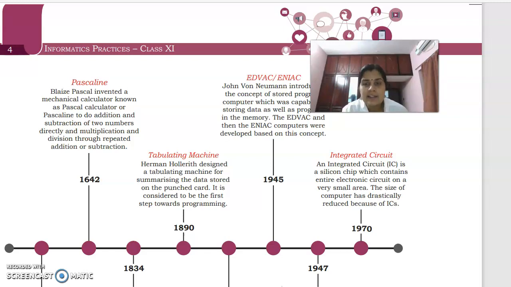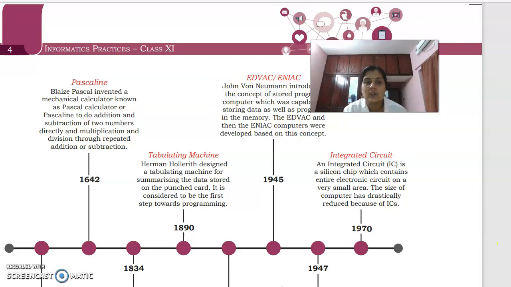And in the 1970s, the starting point of the modern computer, the integrated circuit, that means IC, was generated. It is a silicon chip which contains an electronic circuit. So from the starting point, the size of the computer reduces.